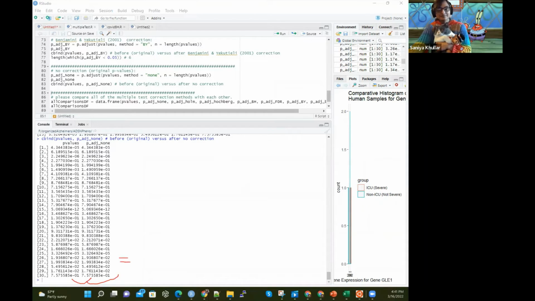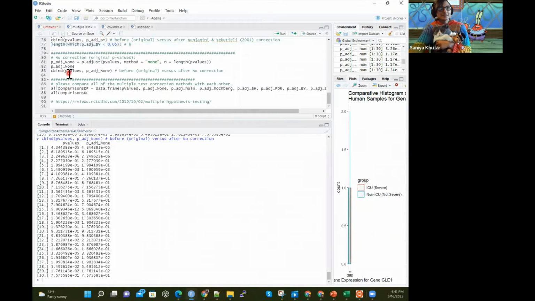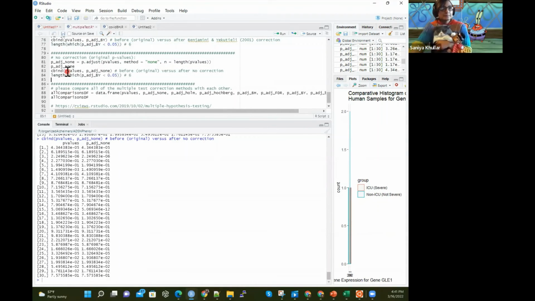They're equal. That's the p-values and p-adjusted none. It's just the same p-values as before. And to help cement that, we put in this none, and we should get 11 as before. 11 indeed, they're the same.